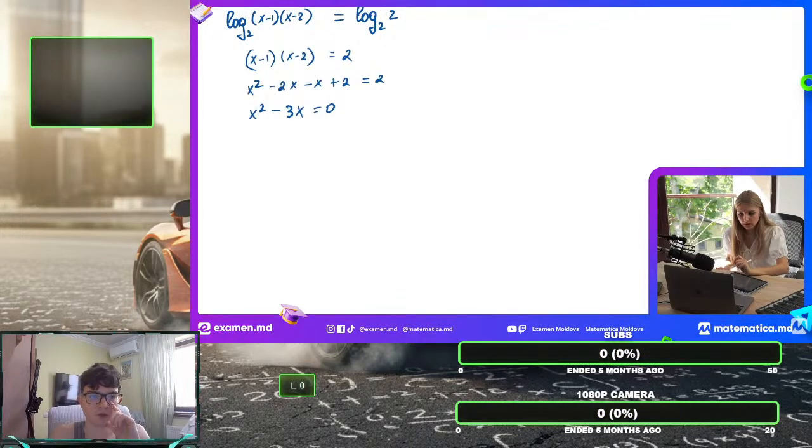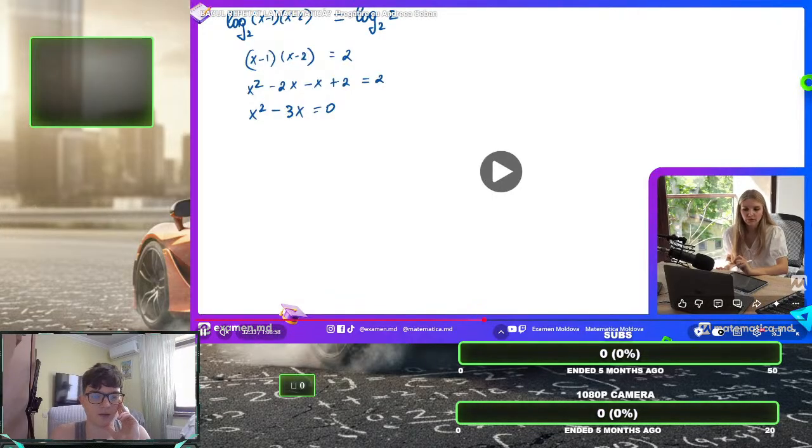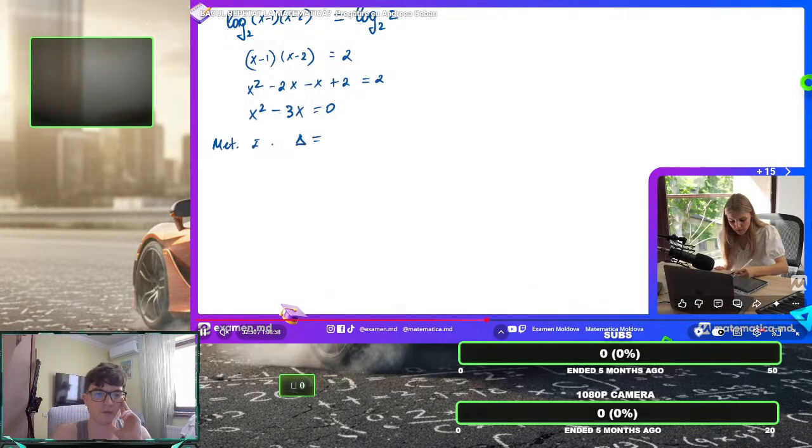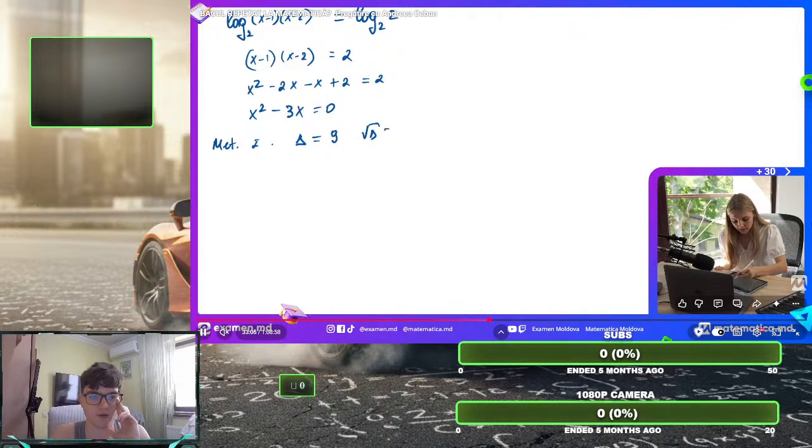So this will leave us with x times x minus 3. And x is going to be 0, and x minus 3 is going to be 0. So x is going to be 3, so we have like a system and stuff.